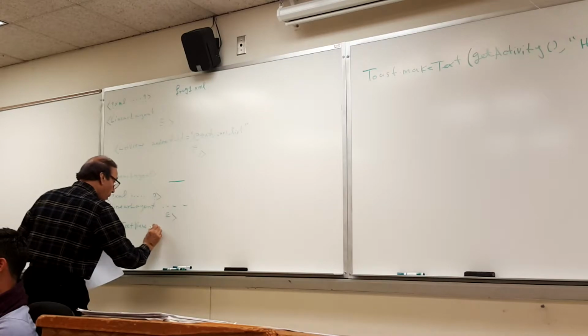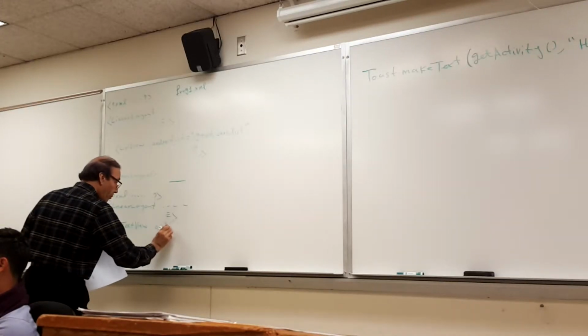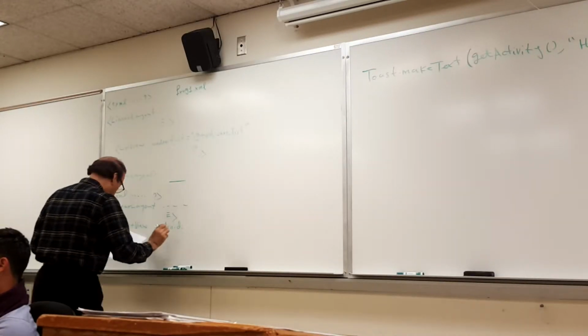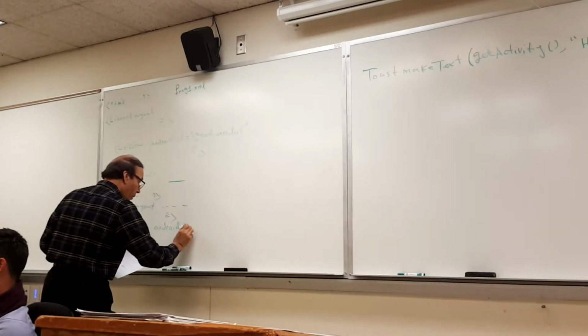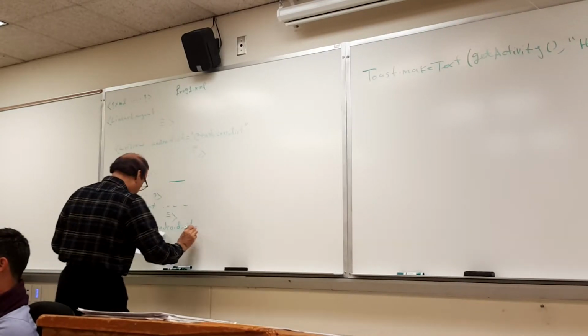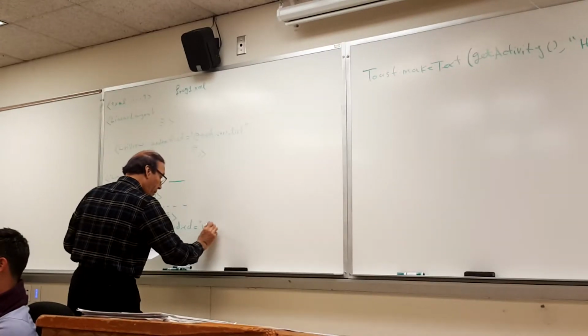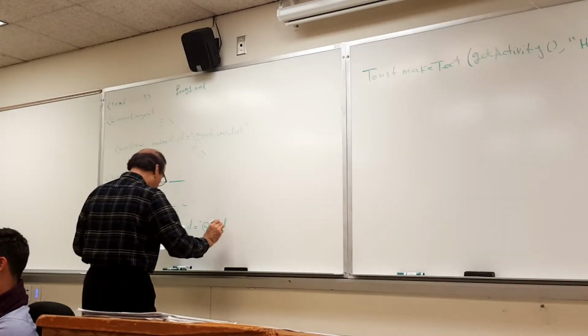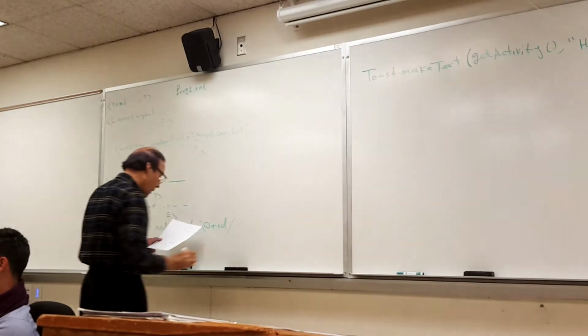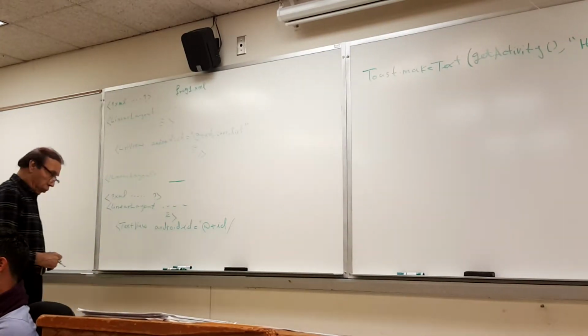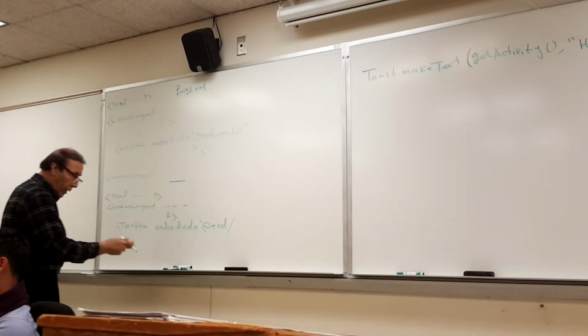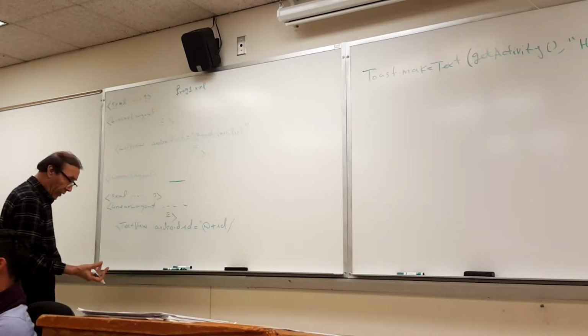Text view. And Android ID equal at plus ID. And I called it selected option, right?